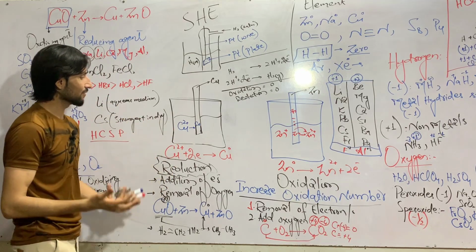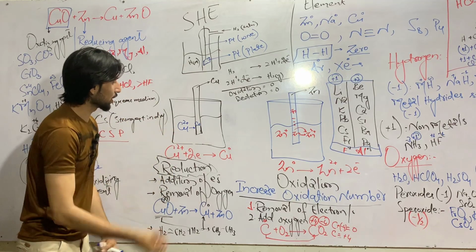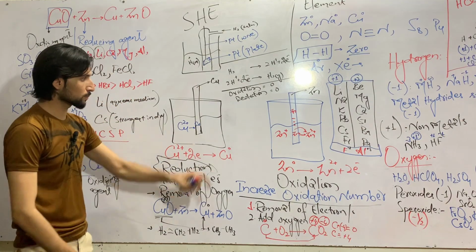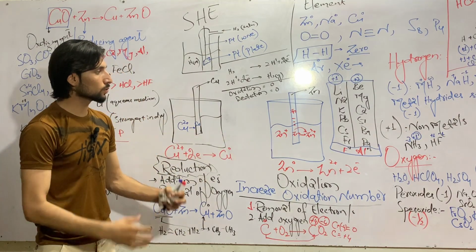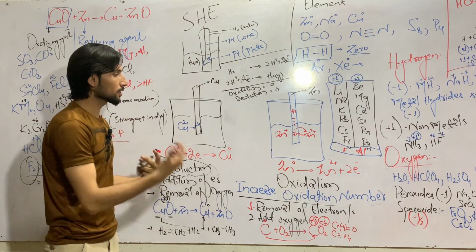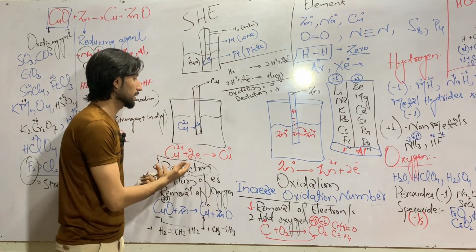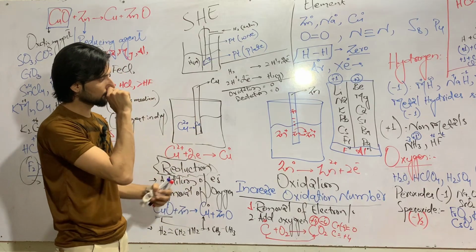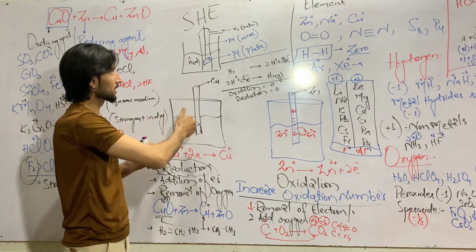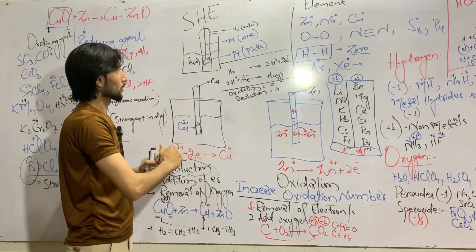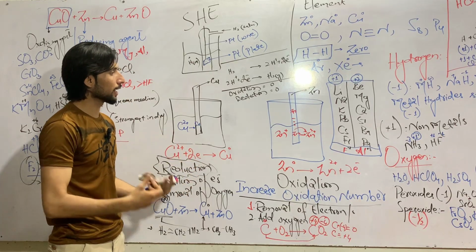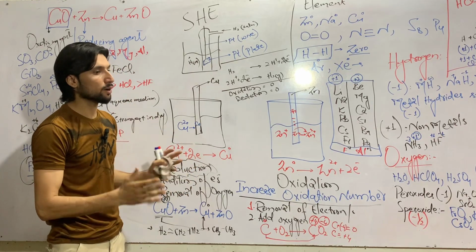Now I can find how much capacity, how much potential this copper has to take up electrons, how much potential the zinc has to give off electrons, because there are other species that can take or give off electrons. So now we can measure it against the standard hydrogen electrode, SHE, and then find out by how much one is different from the other.